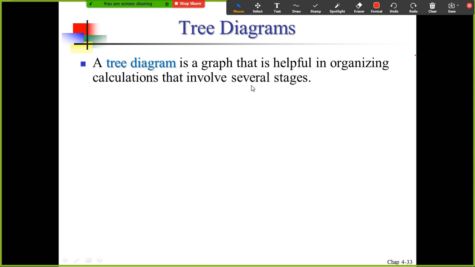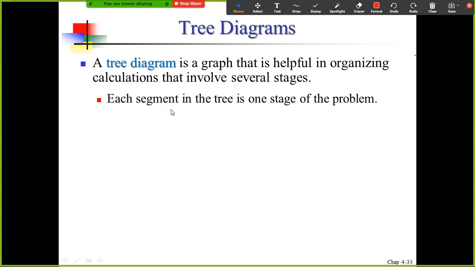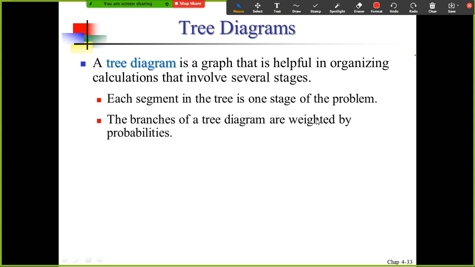A tree diagram is a graph that is helpful in organizing or displaying our calculations that involve several stages. Each segment or each stage in the tree is one stage of the problem. Several stages means several problems. That's why one stage represents one problem.